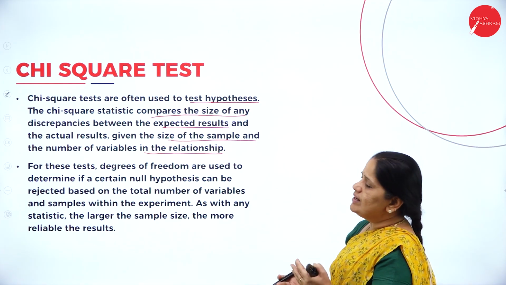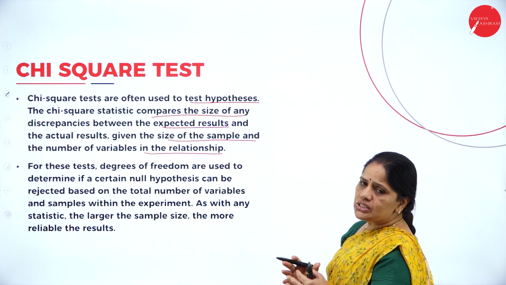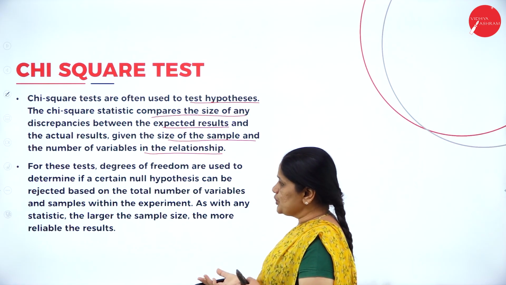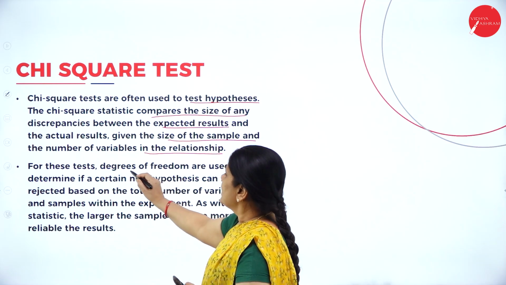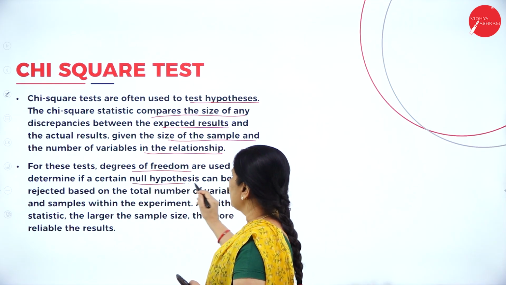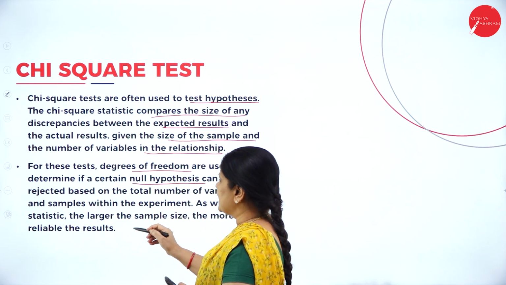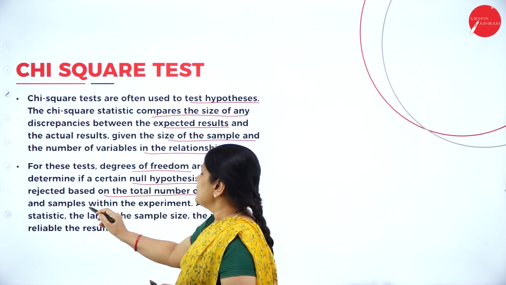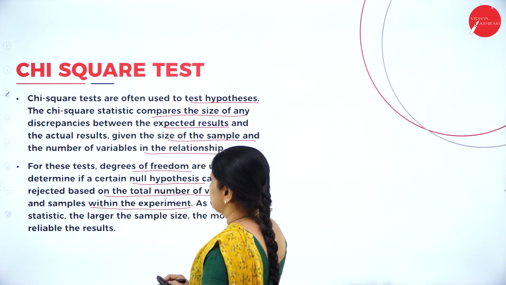It will also tell us the degree of difference between the two. For the test, degrees of freedom are used to determine if a certain null hypothesis can be rejected based on the total number of variables and the samples within the experiment.